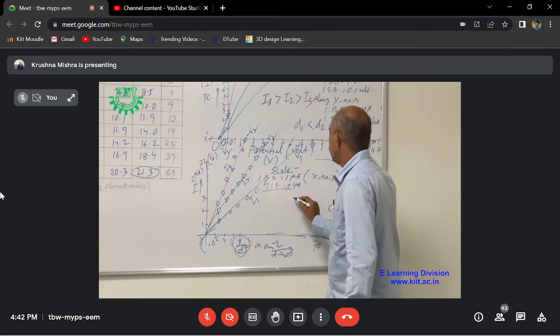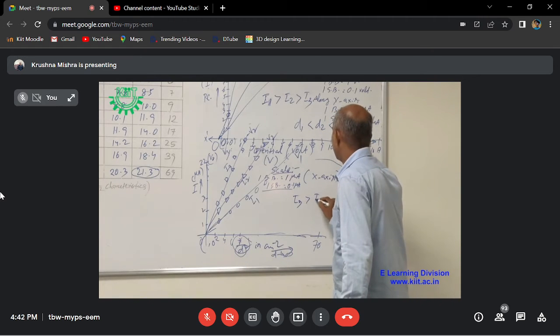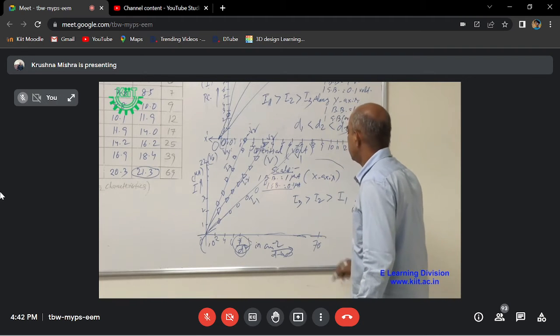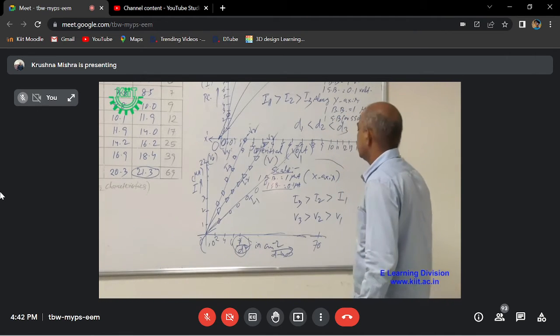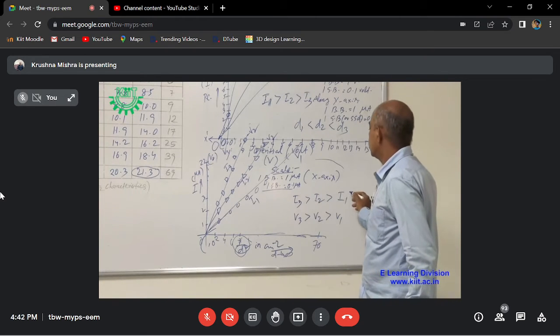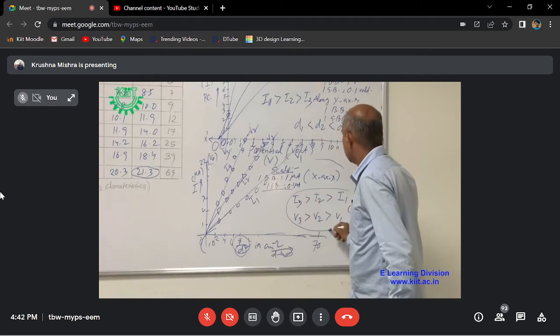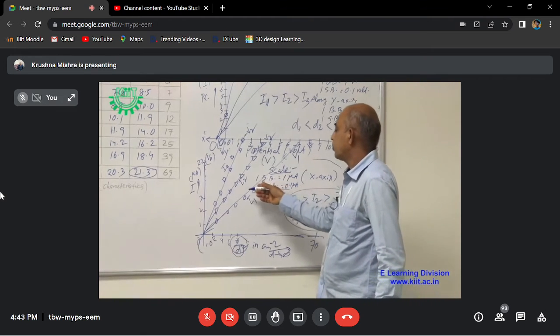So I3 is greater than I2 is greater than I1, in the order V3 greater than V2 greater than V1, because it is in proportion. So this is one of the conclusions that we find from the graphs.